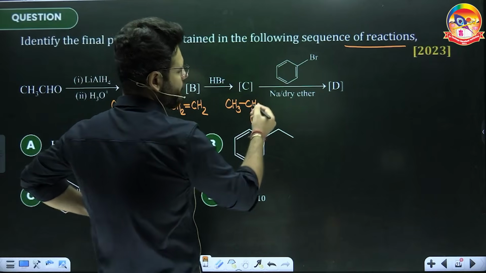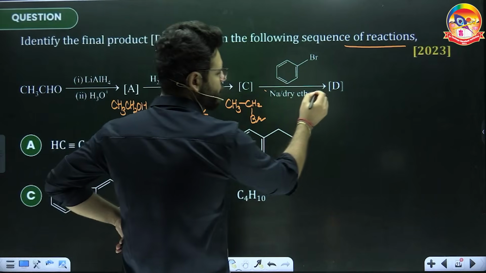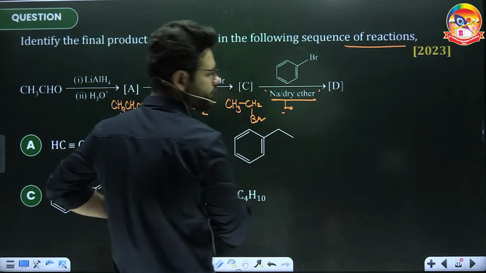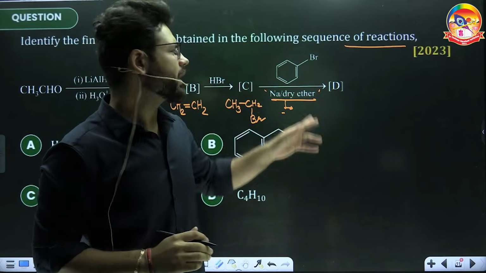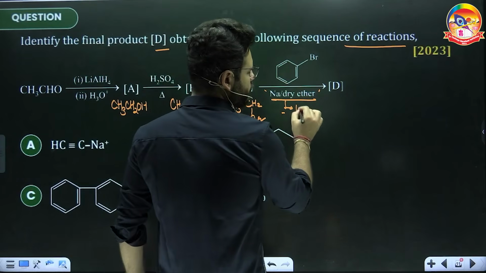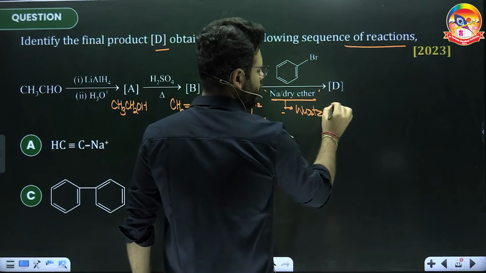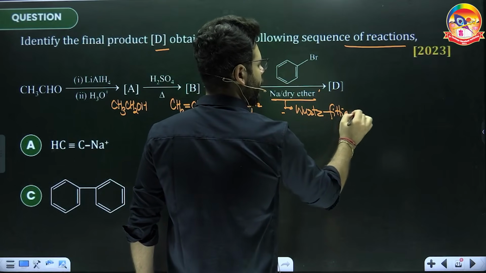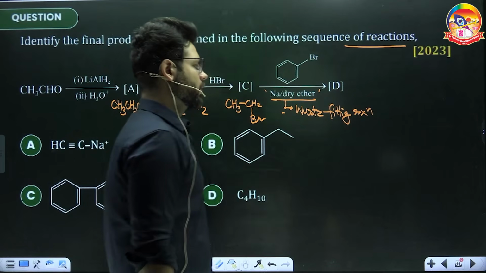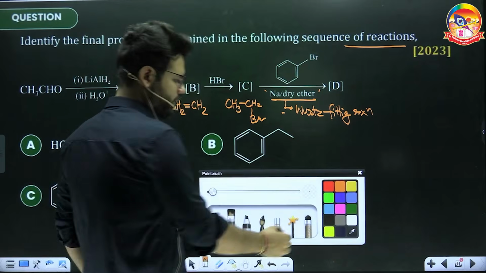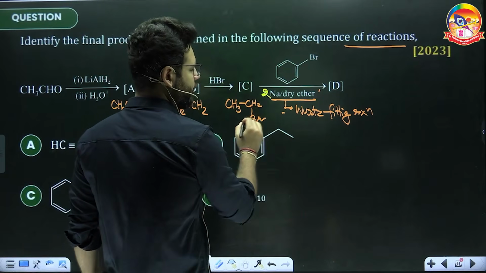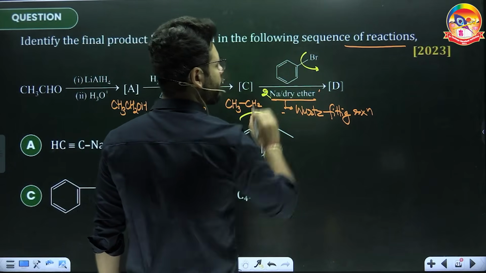All of you know, whenever in the alkyl halide chapter sodium and dry ether is written, it means Wurtz reaction. If one of the aryl halide is also written, I'll call it Fittig also. So it's a Wurtz-Fittig reaction, where 2 moles of sodium will react, 1 Br will go from here, 1 Br will go from here.